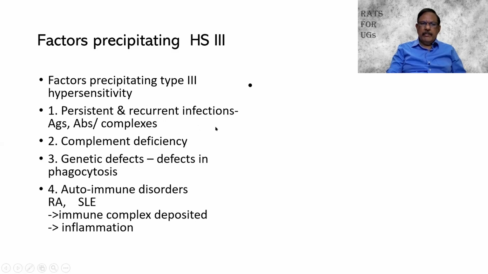All of this can precipitate a type 3 hypersensitivity reaction: recurrent infection, antigen-antibody complexes, complement deficiency, defects in phagocytosis. It is commonly seen in some autoimmune disorders such as rheumatoid arthritis and SLE. There is a deposition of the immune complex which precipitates inflammation. This we shall be seeing in the subsequent diagrams.